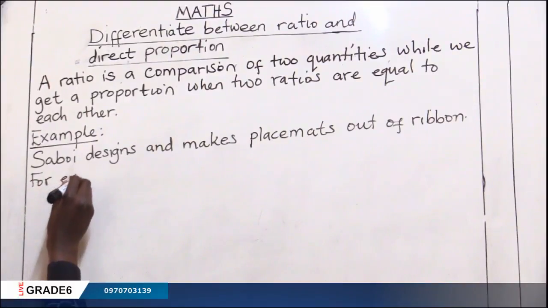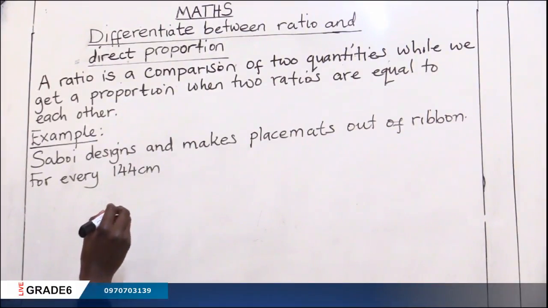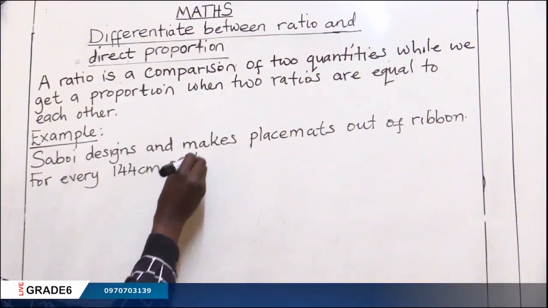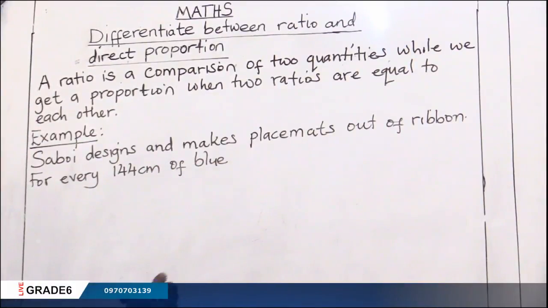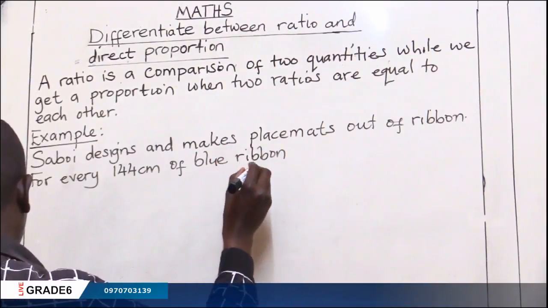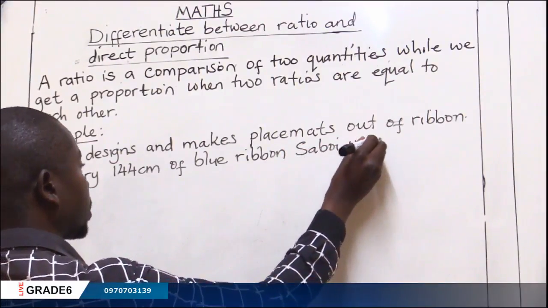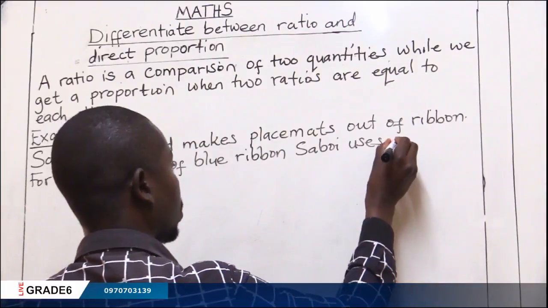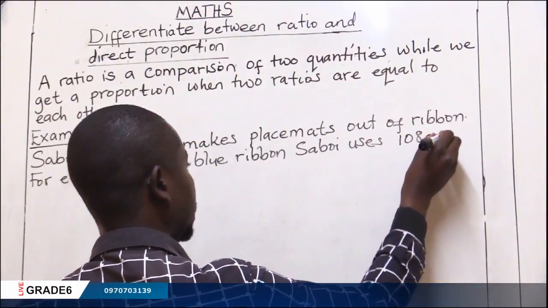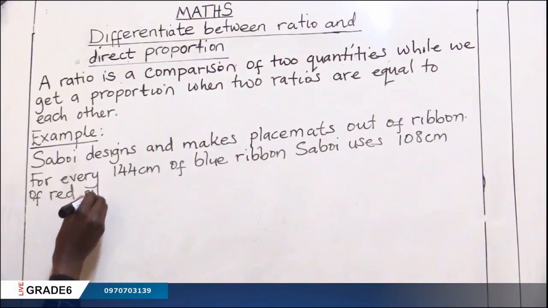For every 144 centimeters of blue ribbon, Savoy uses 108 centimeters of red ribbon.